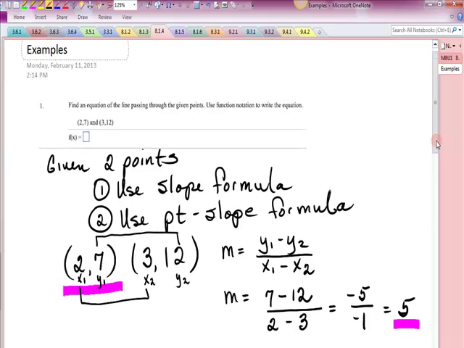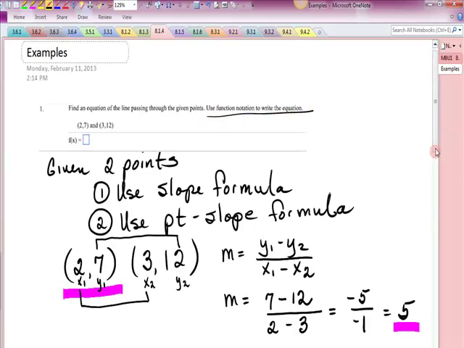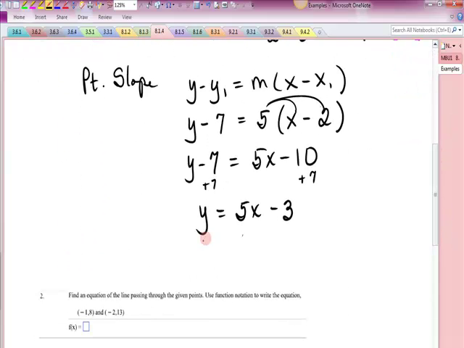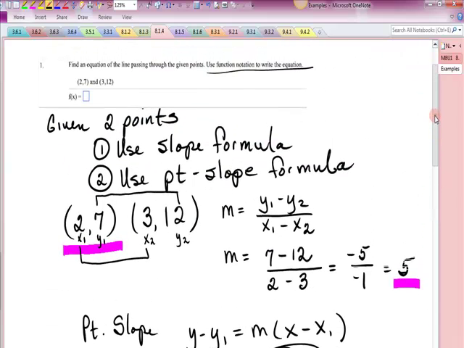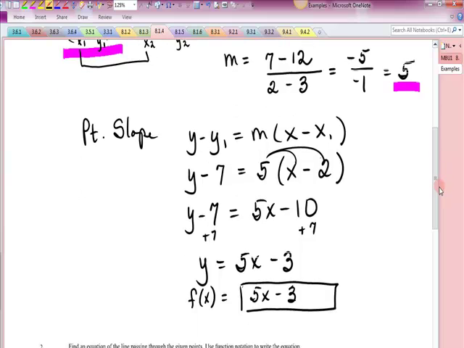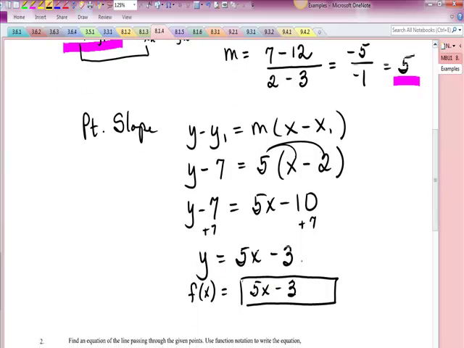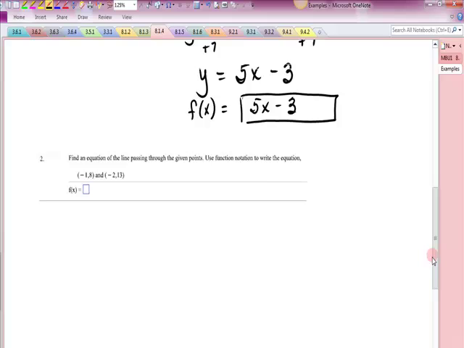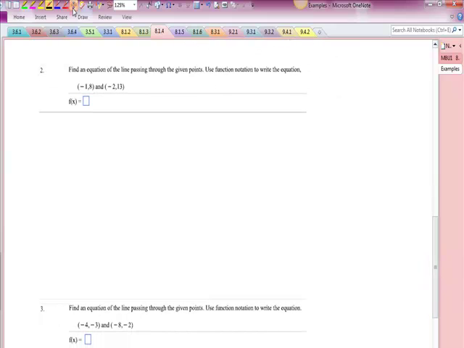The instructions said to use function notation. So in MathLab, it will say f of x is equal to, and you will fill in the other side of the function notation, and you'll put in the 5x minus 3. So just going back, the only line that goes through these 2 points is this linear function. All right, let's do it again. Let's get another set of points.